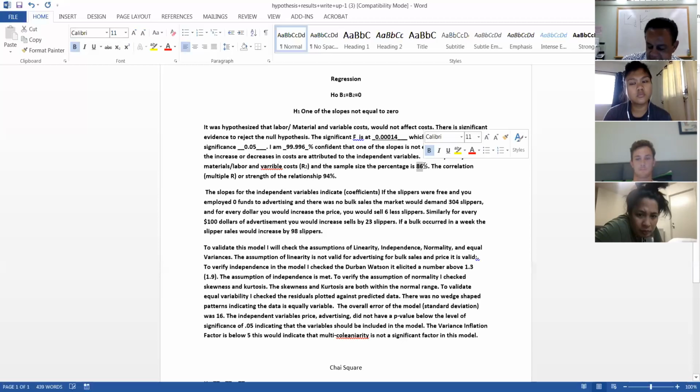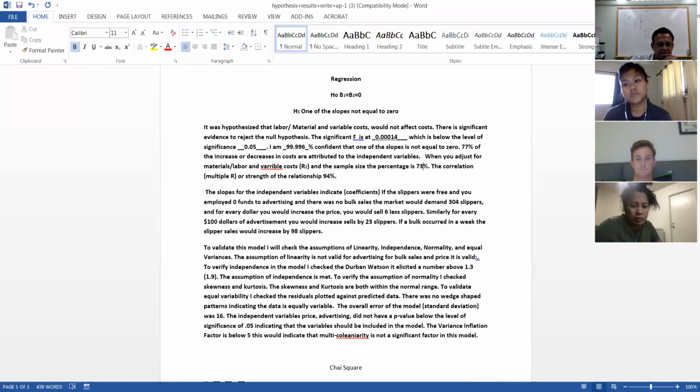When you adjust, it goes down to 73, I believe. And so our multiple R for this model was 87. So that's how strong the relationship is.